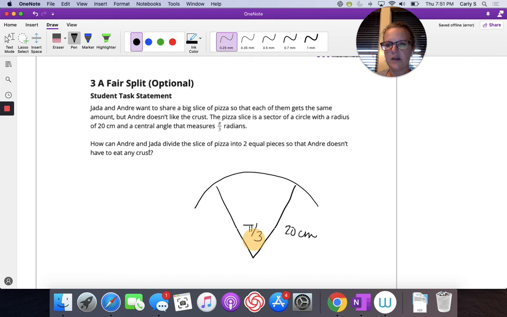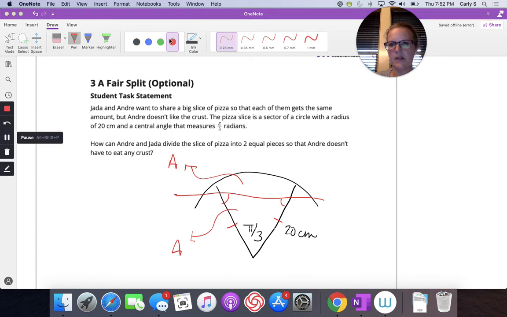How can Andre and Jada divide the slice of pizza into 2 equal pieces so that Andre doesn't have to eat the crust? And honestly, we would slice it this way so that we could make this an isosceles triangle, right? Where those 2 sides are equal and those 2 angles are equal, calculating the area of this with the area of that, right?